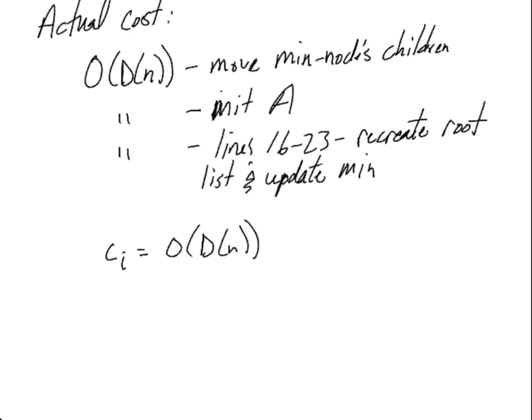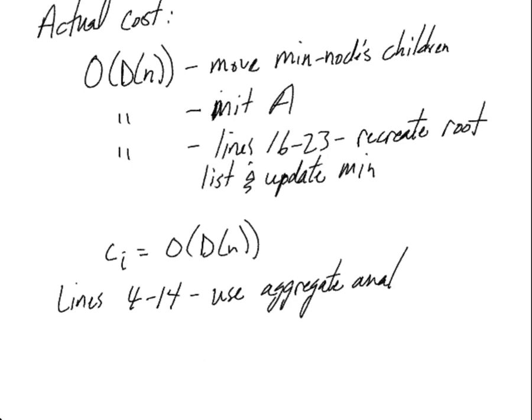Now we want to find the cost for lines 4 through 14. And we're going to use aggregate analysis. Actually, we haven't shown this quite yet.